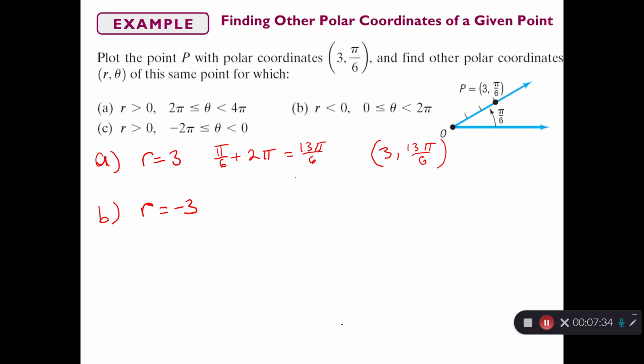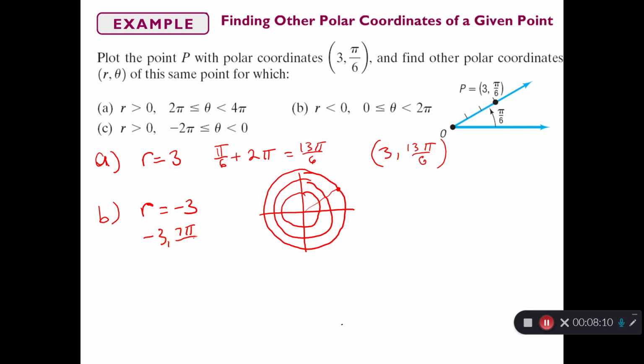Now the question is, if I'm going out negative 3 units on my r, then how far do I have to go in order to wind up right there? Well, if I go from pi to 2 pi, that's 6 pi over 6. So I have to go an extra, so I have to go 7 pi over 6. So negative 3 comma 7 pi over 6 would be the second number name.